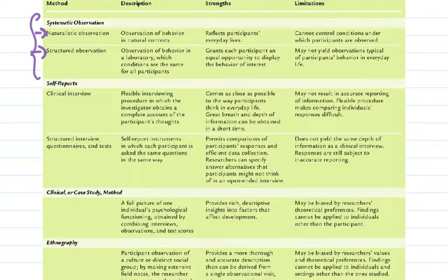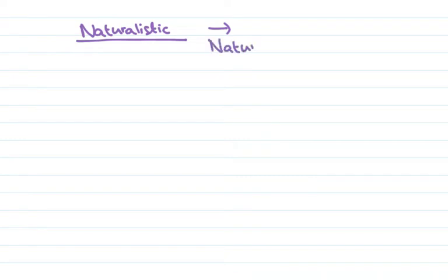So, naturalistic observation is observation that occurs in a natural context. So for example, if I were to call in, let's suppose, an observer in our class, and that individual was to observe your behavior, that would be your natural setting because you all come to class anyway, right?